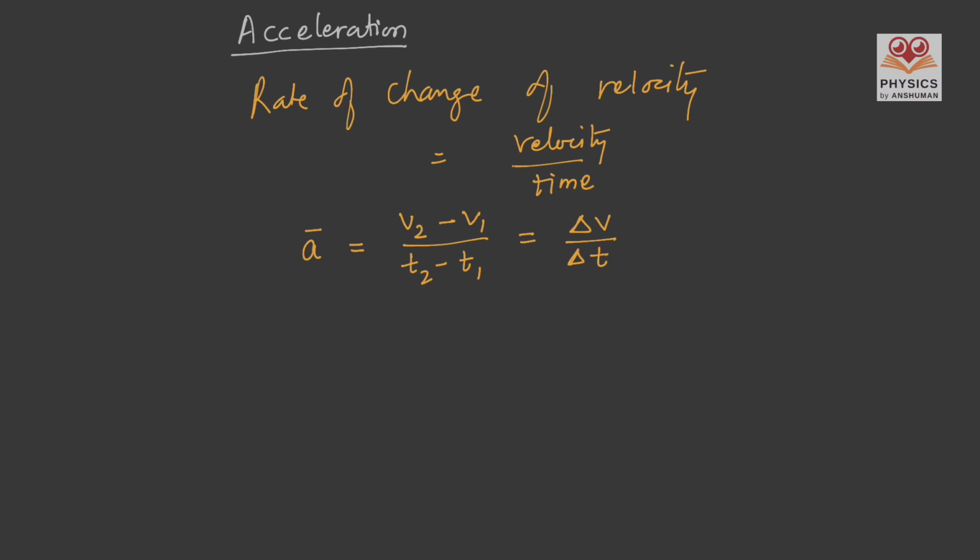Acceleration actually shows that the object is speeding up, or it is slowing down. So when the brake is applied in a car, what happens? The car stops gradually. There can be a constant velocity on highways, maybe 100 kilometers per hour. But when the brake is applied, the velocity of the car reduces.